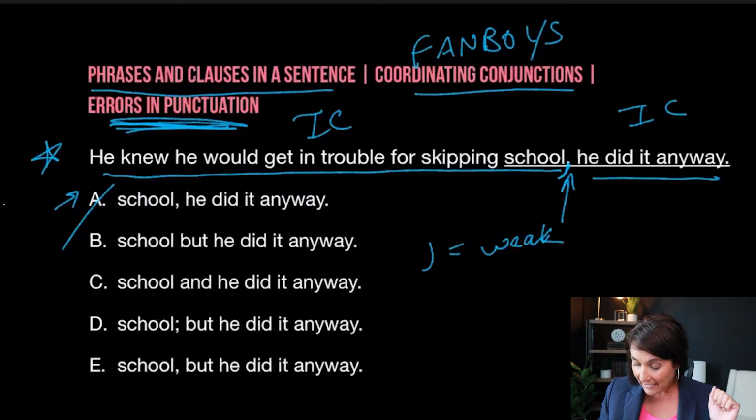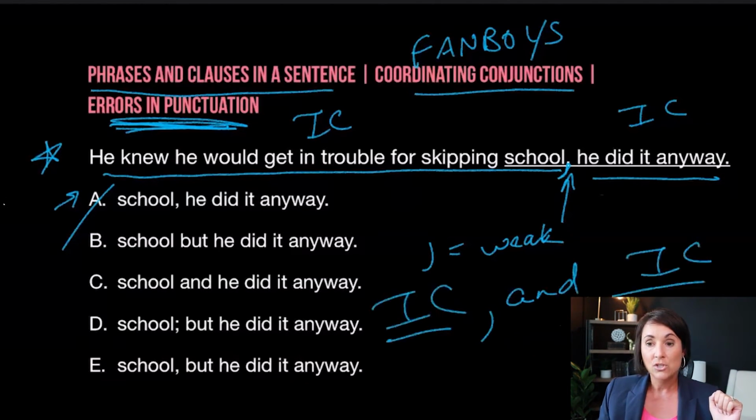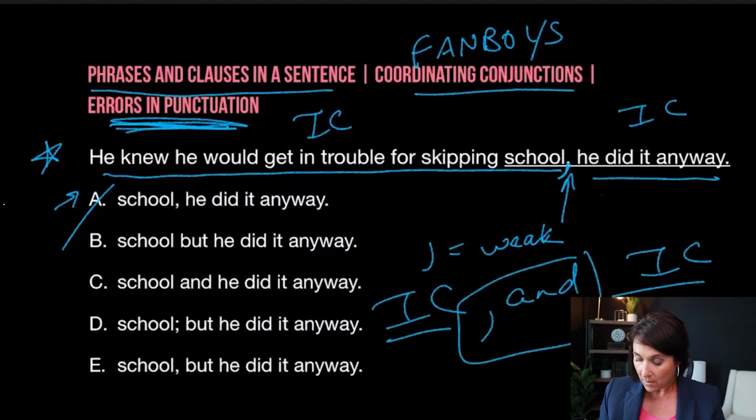However, I can separate two independent clauses when I connect the comma, which is weak, with a coordinating conjunction or a fanboy: comma, and. In this case, I can separate two independent clauses with the comma and the "and" because that is strong. Coordinating conjunctions, fanboys on their own, also cannot separate two independent clauses.